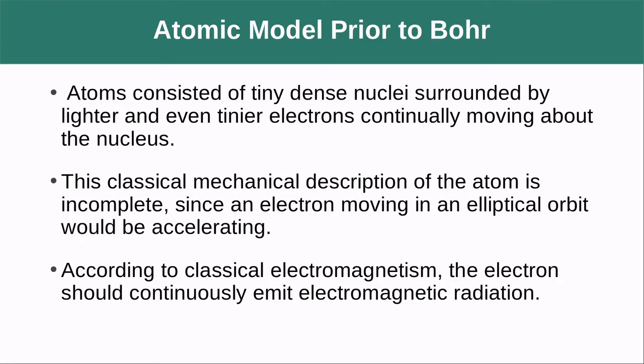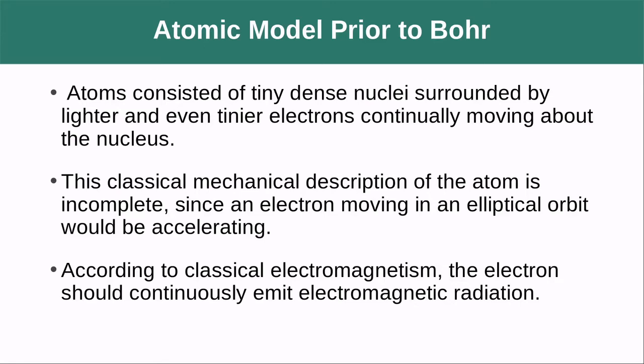This classical mechanical description of the atom is incomplete, since an electron moving in an elliptical orbit, like the moon moving around the Earth, would be accelerating. And if it is accelerating and it has a charge, an accelerating charge is going to emit electromagnetic radiation. That is something we know from physics.